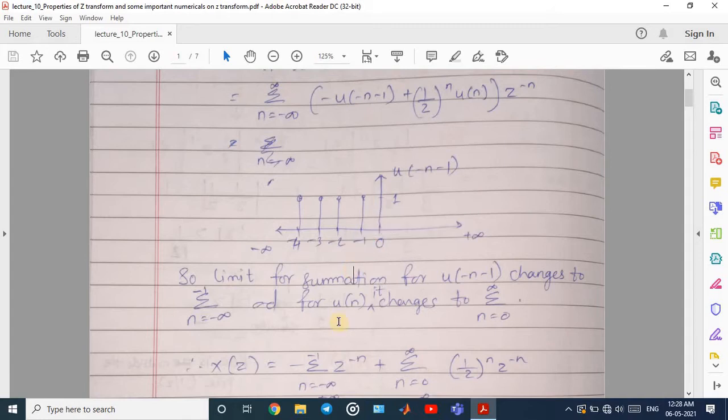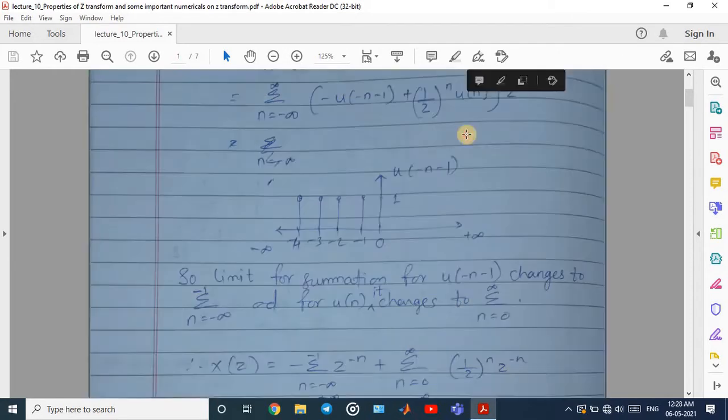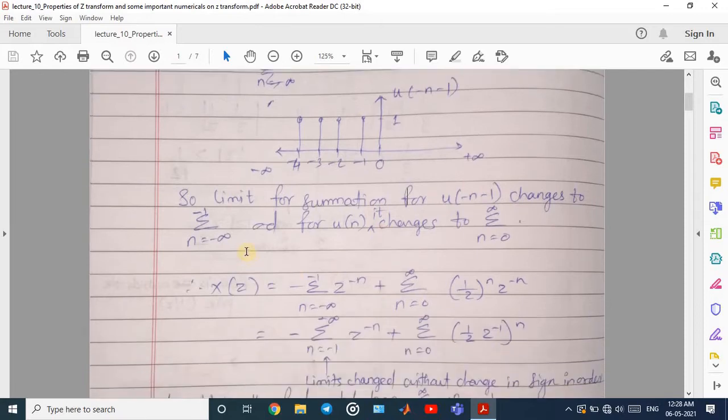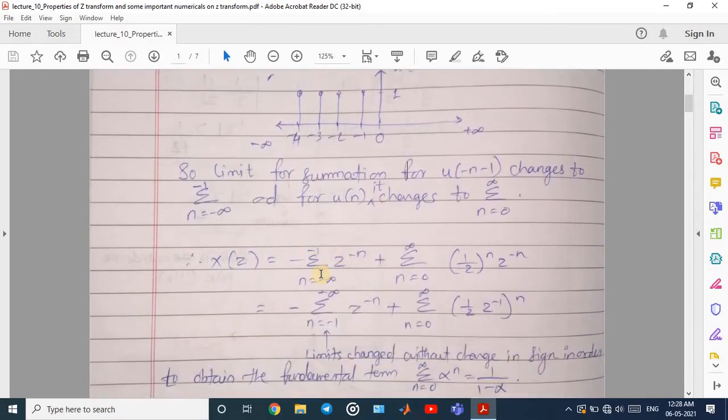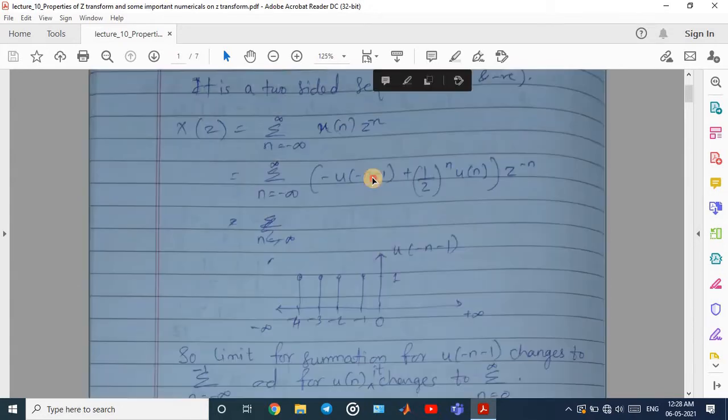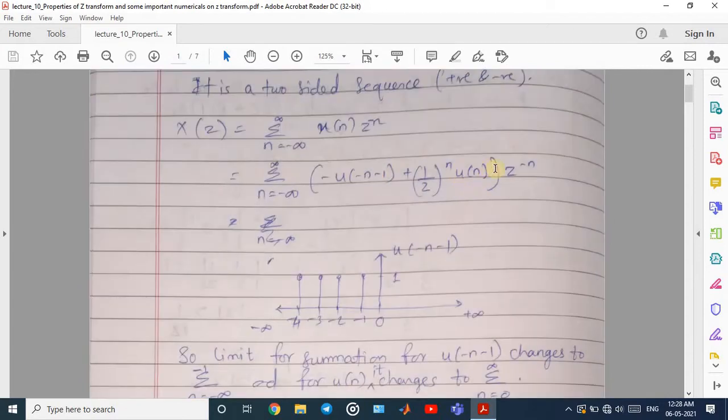And for the term u of n, it will change from 0 to infinity. We already know this. So the next step will be as it is. No need to write this term because it is 1, and u of n is also 1.